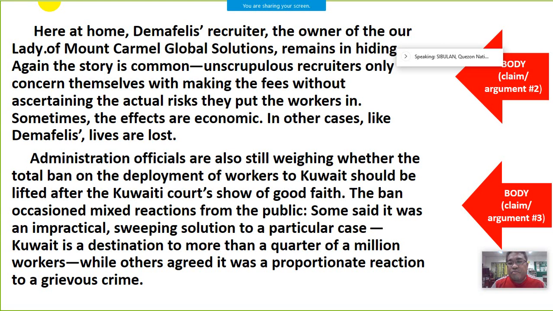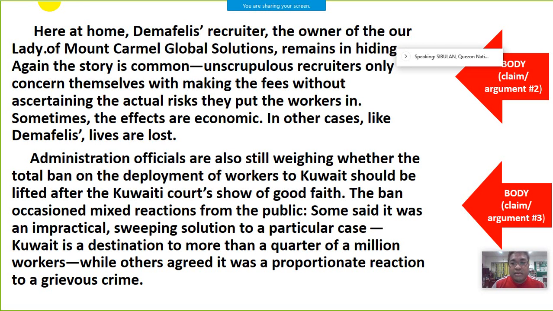So in the second argument, or the second claim, from universal context, it goes down to the Philippines. The recruiter, because the recruiter is also an accessory to the crime, is still at large right now.